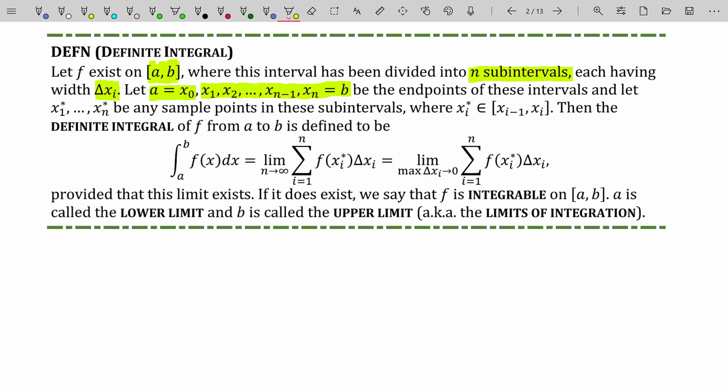And then we're going to let, here's where my notation gets really tough for students, x sub 1 star, comma, x sub 2 star, comma, dot, dot, dot, all the way to x sub n star, be any sample point in each of these subintervals. Now, before I go forward, I need to really draw your attention to that.